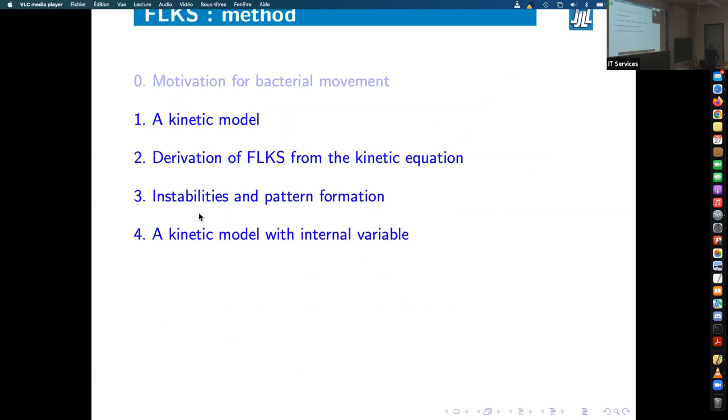So after this motivation, I will come now to the kinetic model, which is behind. So what we would like to explain now is this flux-limited Keller-Segel equation, not departing from the Fokker-Planck equation, but by explaining it by the individual behaviors of cells.